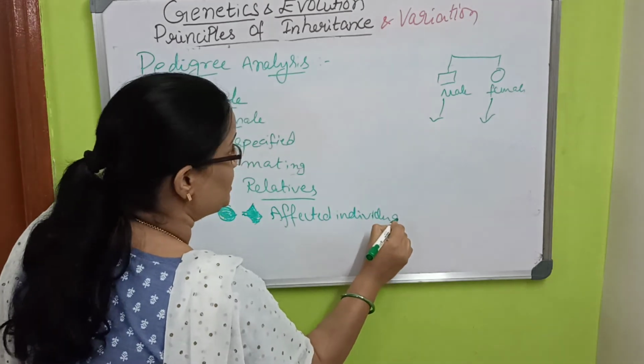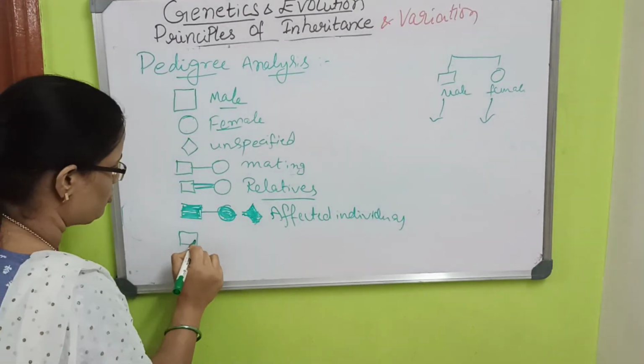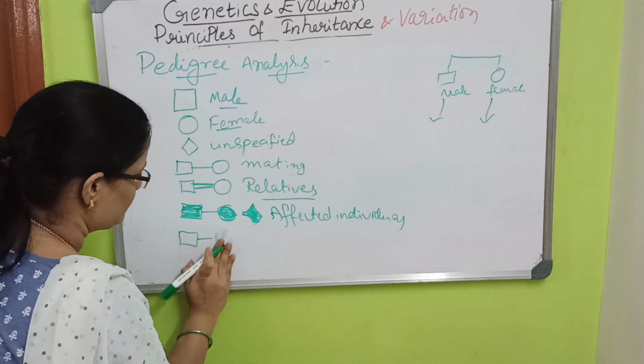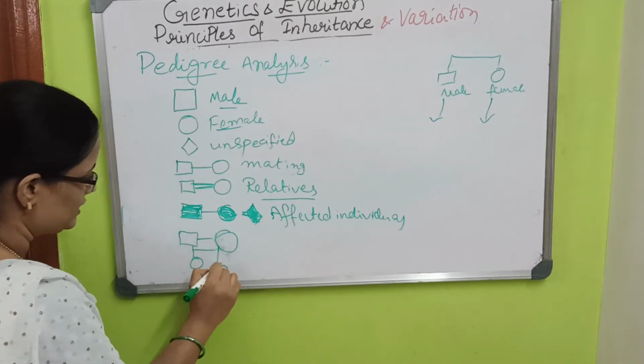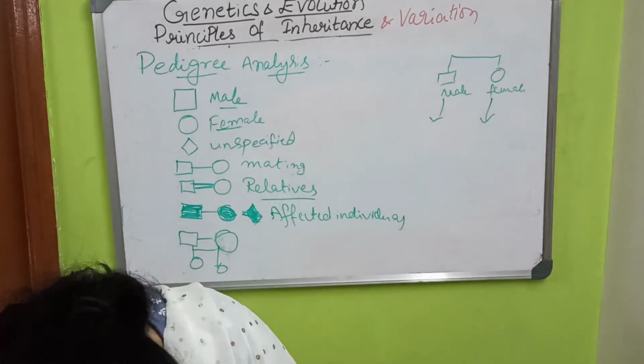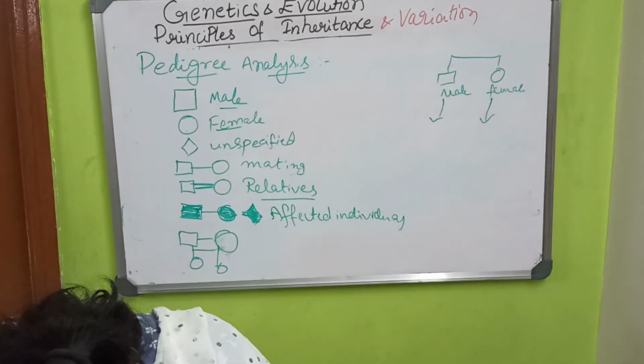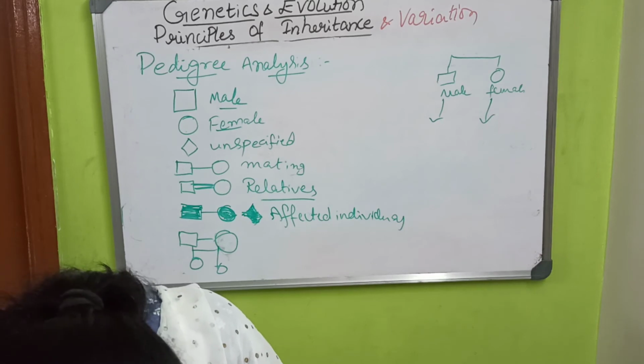And the family tree will be drawn like this, with the daughter and the next generations shown, and parents and children.